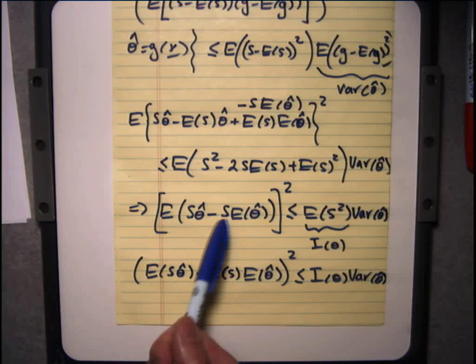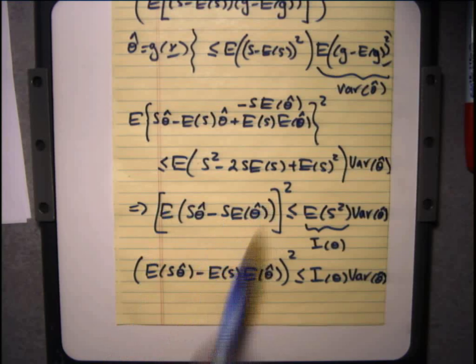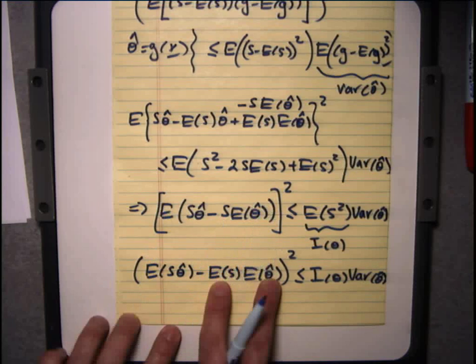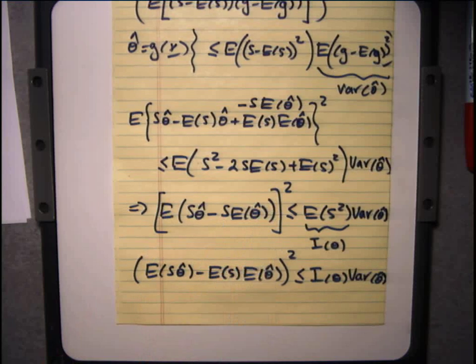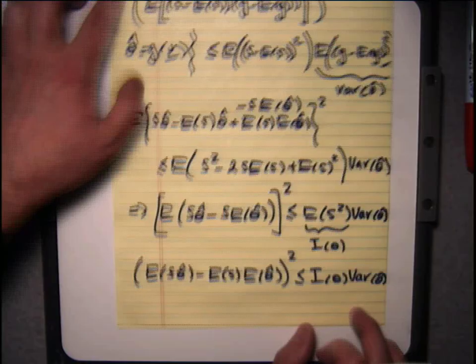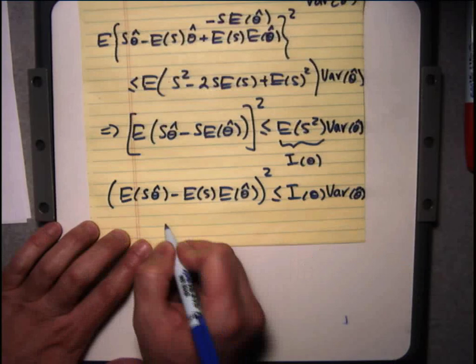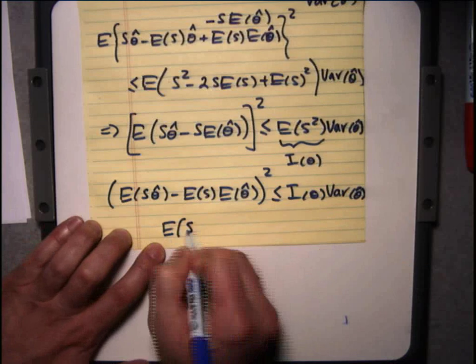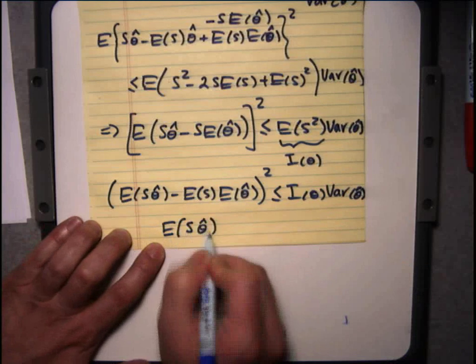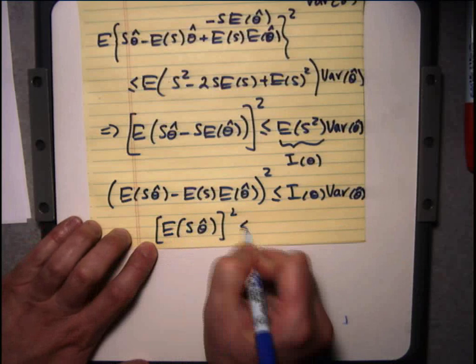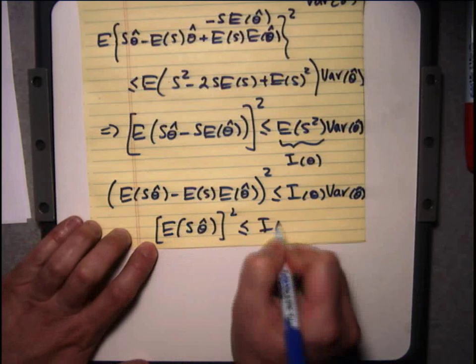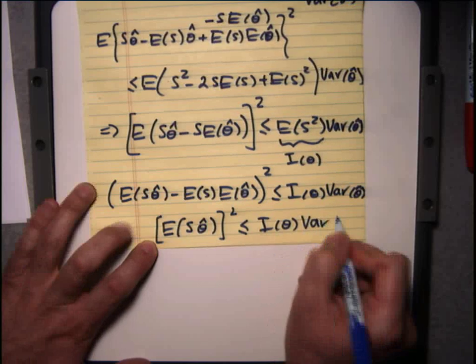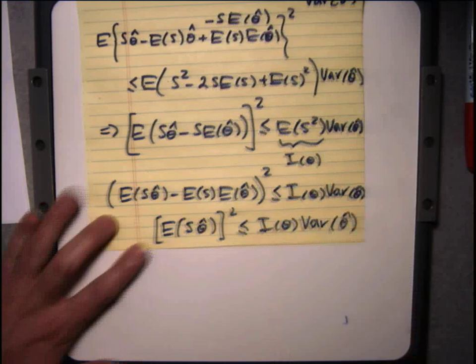And the expected value of s and expected value of theta hat, this is just a constant, so it just comes out, and you see it over there. So again, this part will go away. So this becomes expected value of s theta hat, the whole thing squared, is less than or equal to I of theta times the variance of theta hat.